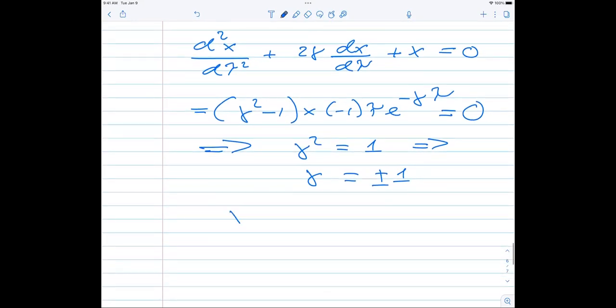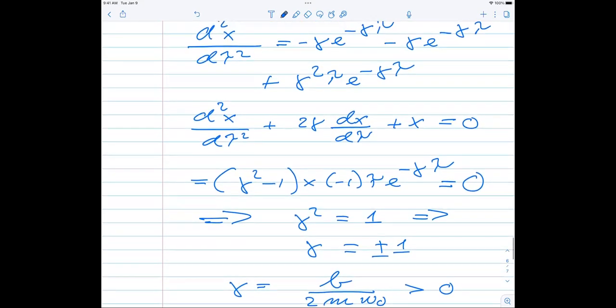Now, in our case, gamma is defined as this constant b, which is assumed to be positive. The mass is positive and the frequency is positive. So gamma is larger than 0. So it's the solution with gamma equal to plus 1 which is acceptable. So if I plug in this new form, it satisfies the differential equation because the equation is satisfied if gamma is equal to 1, which is what I started with.